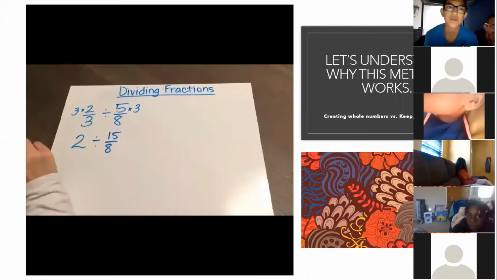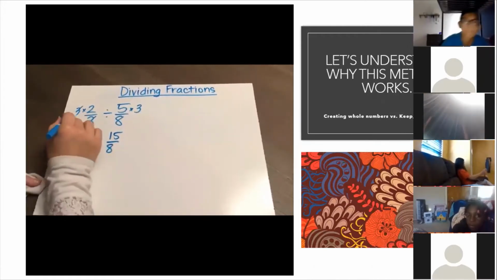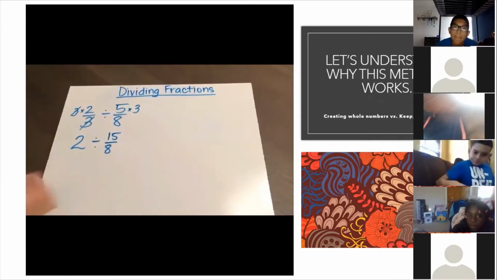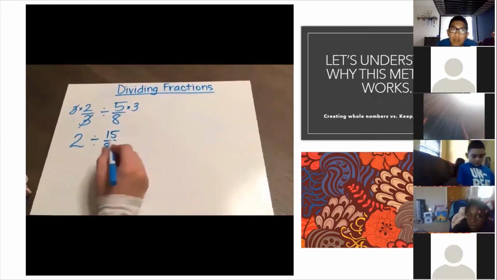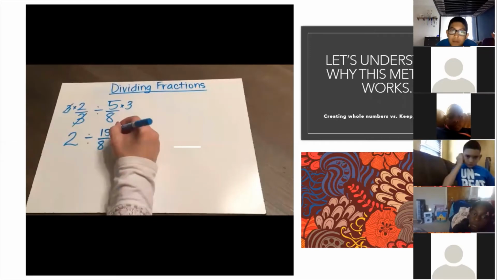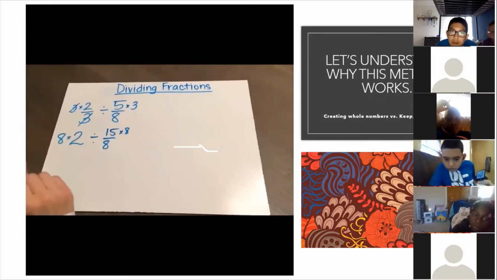We could simplify and do that if you're aware and used to doing that. 3/3 actually equals 1, and then multiply that by 2, we get 2 wholes. Anyway, we want to create a whole number over here. So what we're going to do is get rid of that denominator by multiplying everything by 8 again. That includes this side, so our whole number will get bigger.